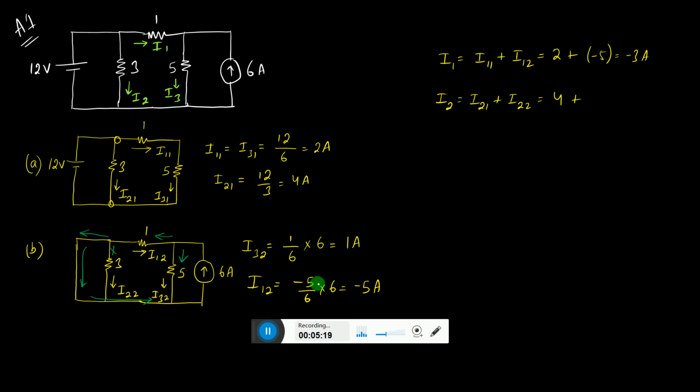Here I22 is 0 because no current is flowing through the 3 ohm resistor. So 4 plus 0, 4 ampere. Similarly, I3 is I31, which is 2, plus I32, which is 1, so 3 ampere. We solved this problem by using superposition theorem.